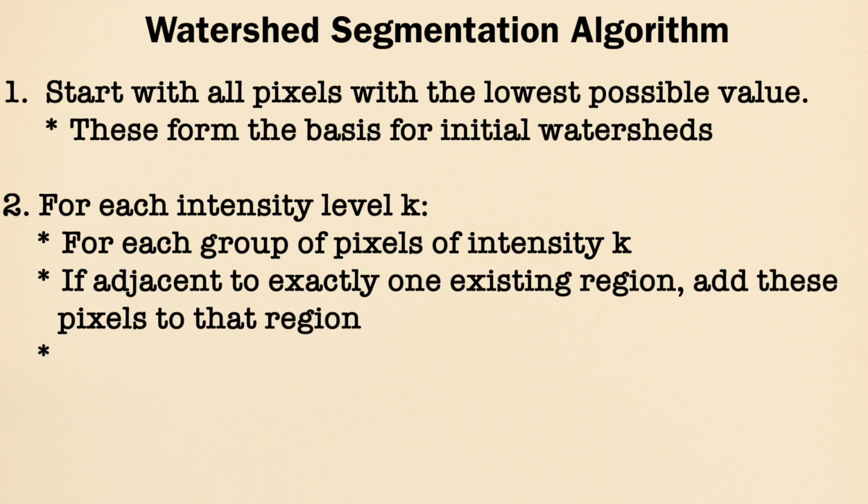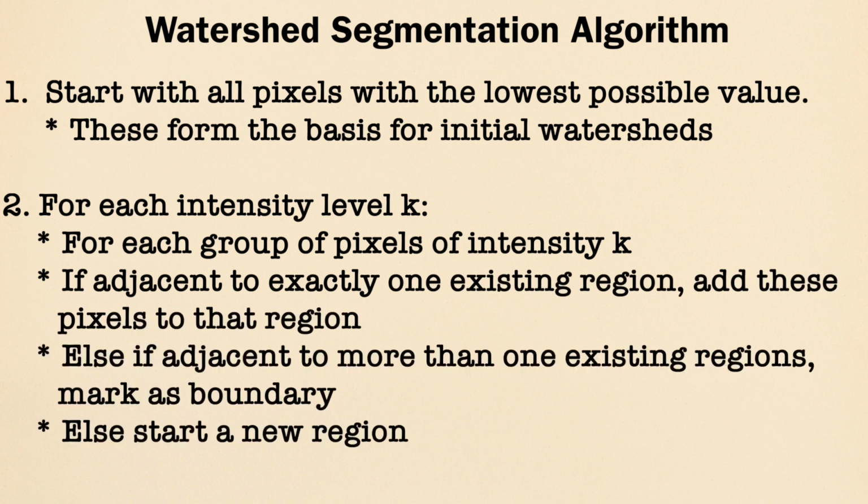Start with all pixels with the lowest possible values. These form the basis of the initial watershed. For each intensity level K, for each group of pixels of intensity K, if adjacent to exactly one existing region, add these pixels to the region.